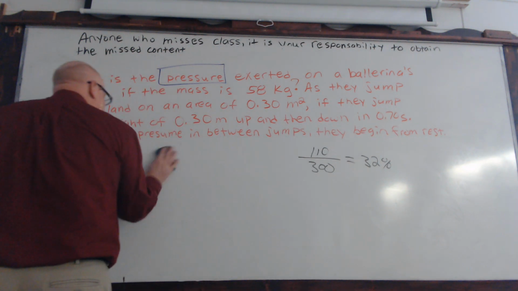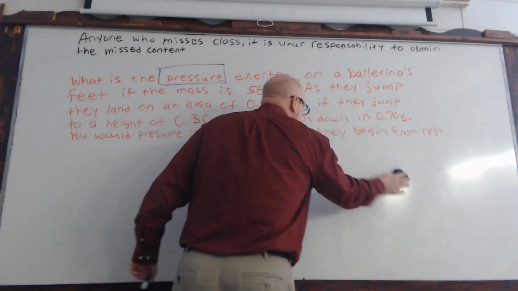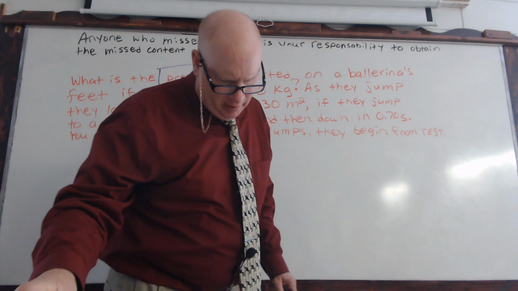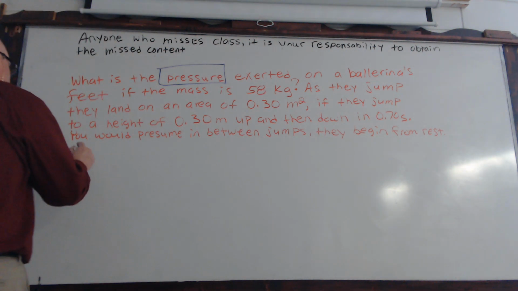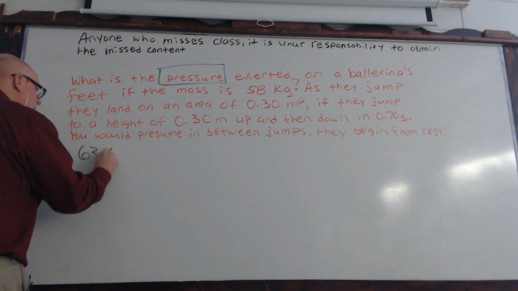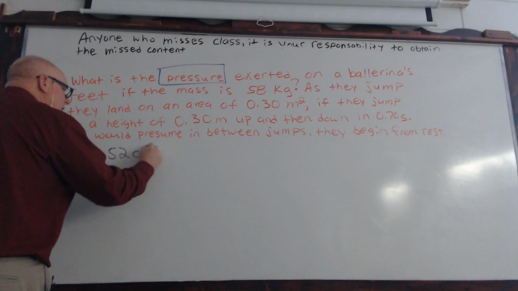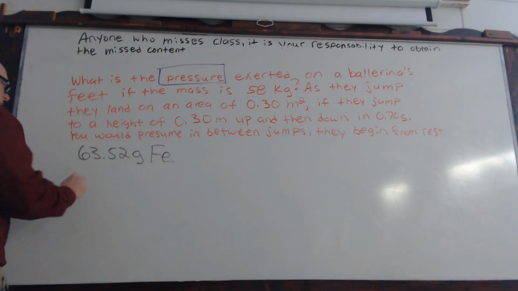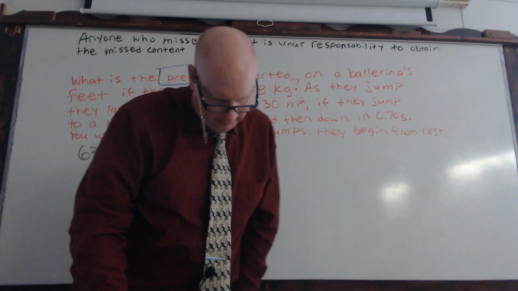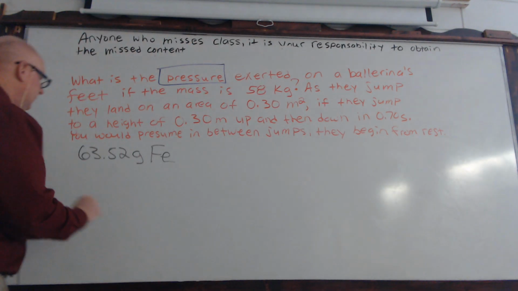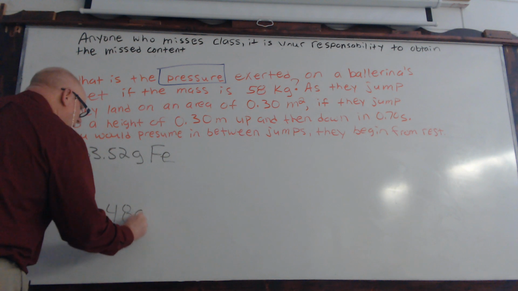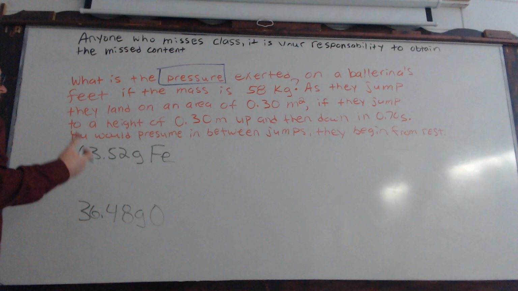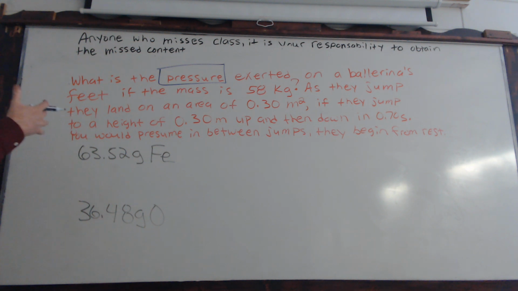So you take that percentage and convert that to grams, which just means 63.52% iron is actually 63.52 grams of iron. Then the other one was what, 36.48 grams of oxygen.